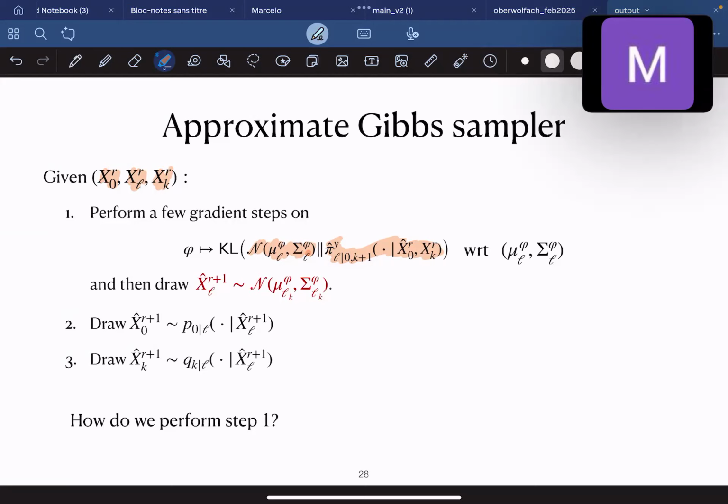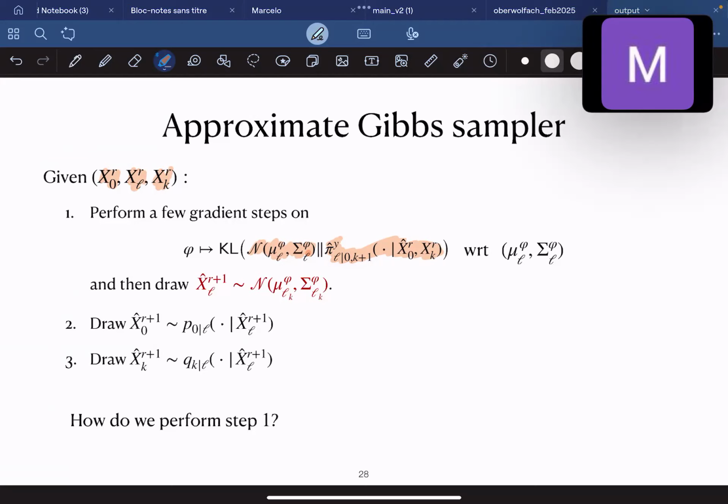Then for x0 and xk, since the conditionals are explicitly known, I can explicitly sample these two conditionals. And then I proceed recursively on r.